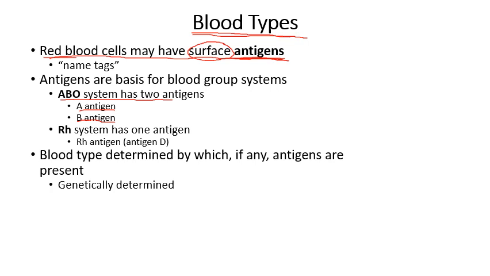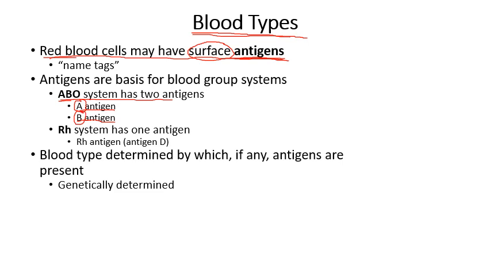A person can have all A, so their red blood cells would just have A, and that is A blood. Or a person's red blood cells may just have the B antigen, and then they would be B blood.